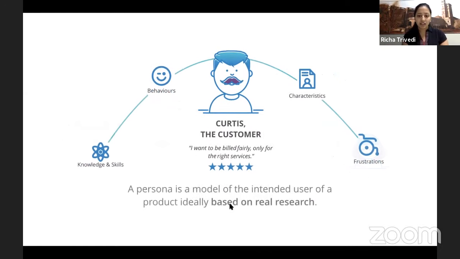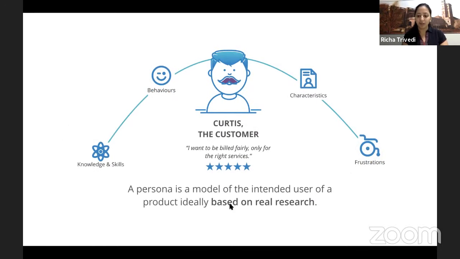All right. So like we said earlier, a persona is a model of the intended user. And it is always based on real user research. Again, why do we do personas? To empathize more so that we can step into our customers' shoes and then model the product accordingly.